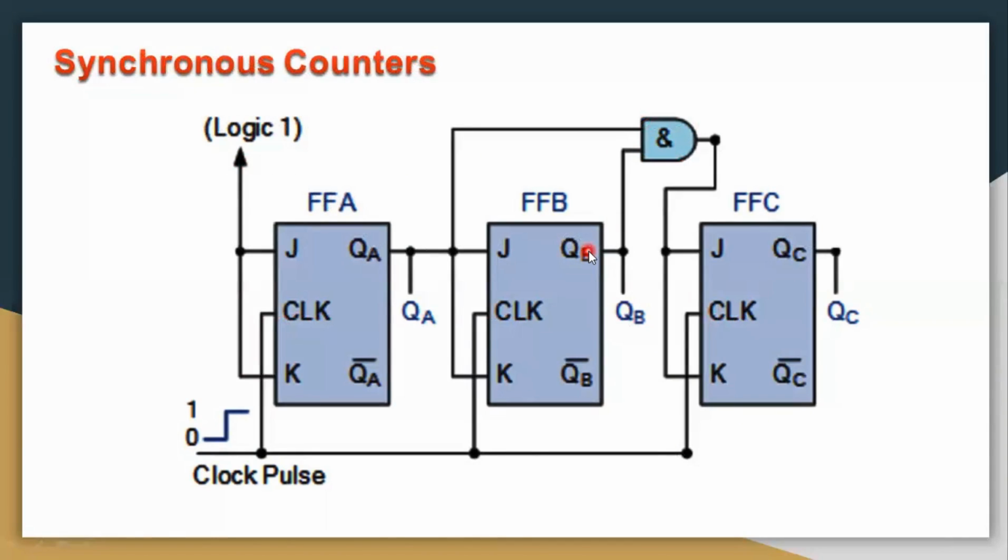The output of the second flip-flop FFB is connected to the other input of the same AND gate, and the output of this AND gate is connected as the input to the third flip-flop, and we are taking outputs from QA, QB and QC.